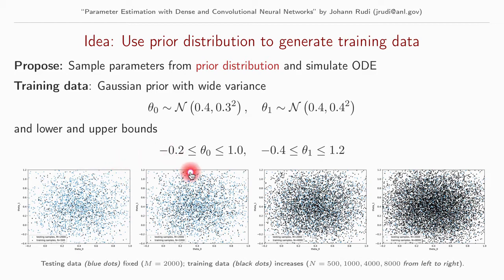That means the blue dots from one plot to the other stay the same. It's the training data that keeps increasing and filling out the space. So to generate the training data, we need to sample, but then we also need to simulate the ODE and generate the time series output. It was the membrane potential, if you remember. So in this ODE simulation is where the main computational cost of obtaining the training data lies.